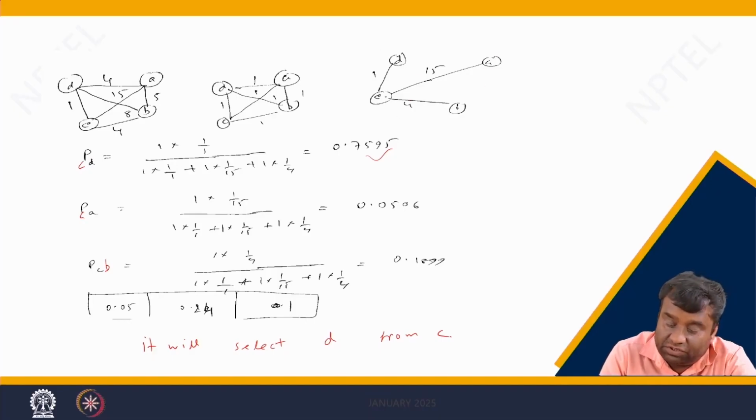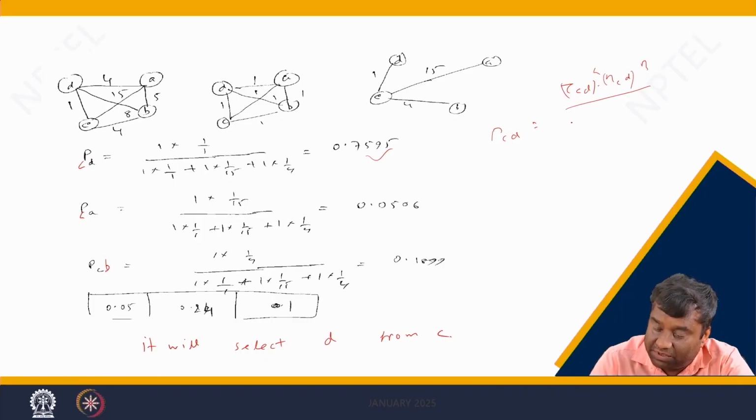So now from C to D, eta is 1 by 1. If it is P CD, you know the formula for that. That will be tau CD to the power alpha times eta CD to the power beta, divided by the summation of all paths from C, because there are three paths.